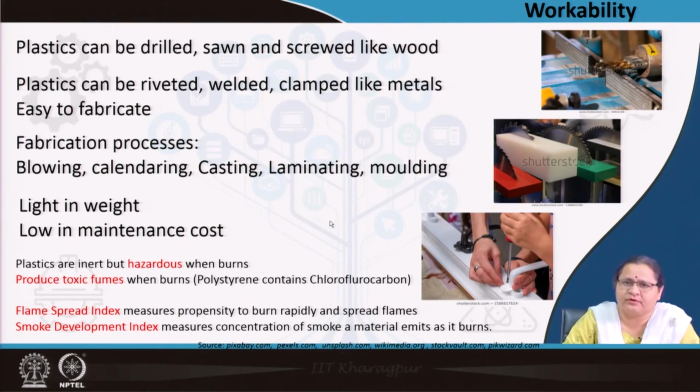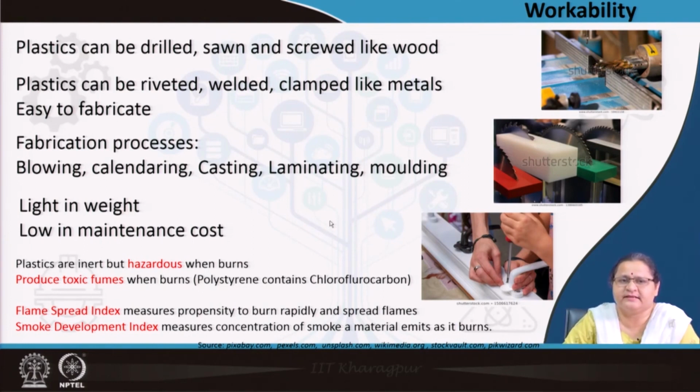Just to introduce these two terms, this is a scale basically from 0 to 100, low to high. Flame spread index, that means propensity to burn rapidly and spread fire, how rapidly it is burning. So it is a comparative scale.